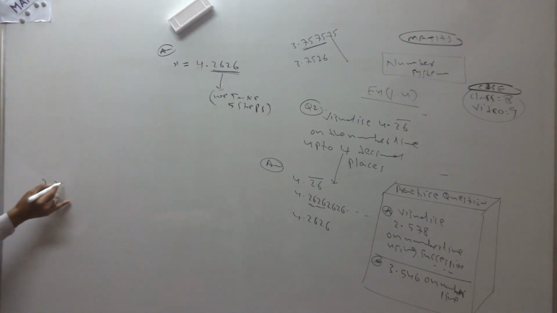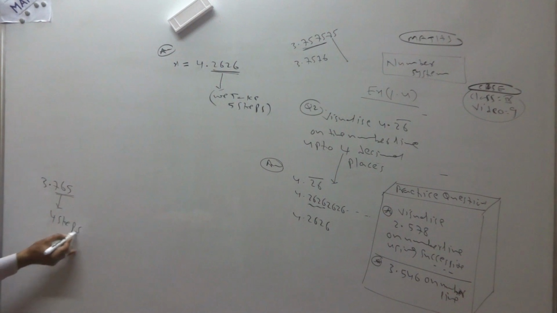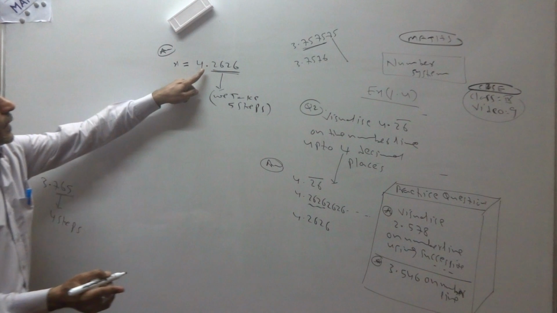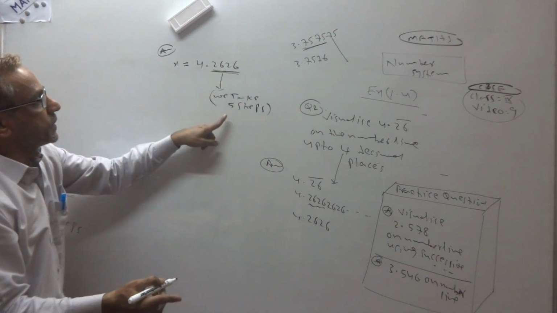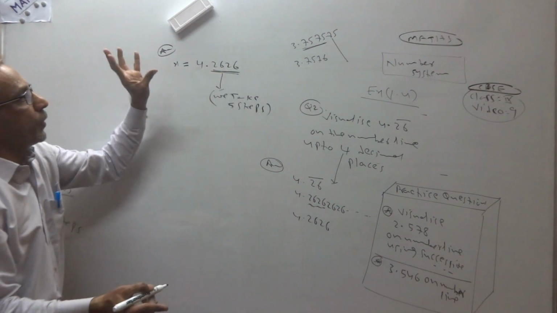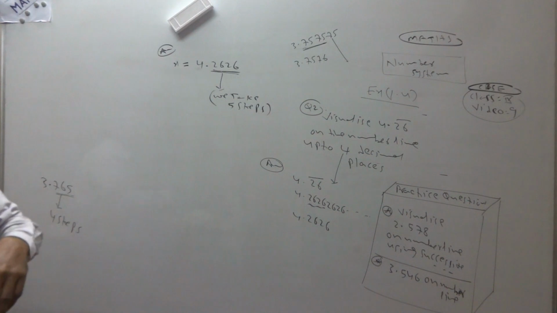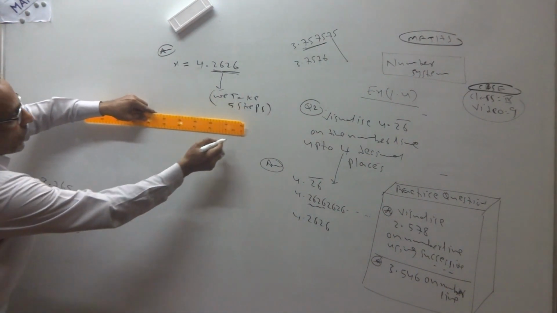If it is like this, after decimal, if 3 points you take how many steps? 3 points means 4 steps. After decimal 4 points, so how many steps? 1, 2, 3, 4. 4 points. So you take 5 steps. Yes. Now I should take 5 steps.